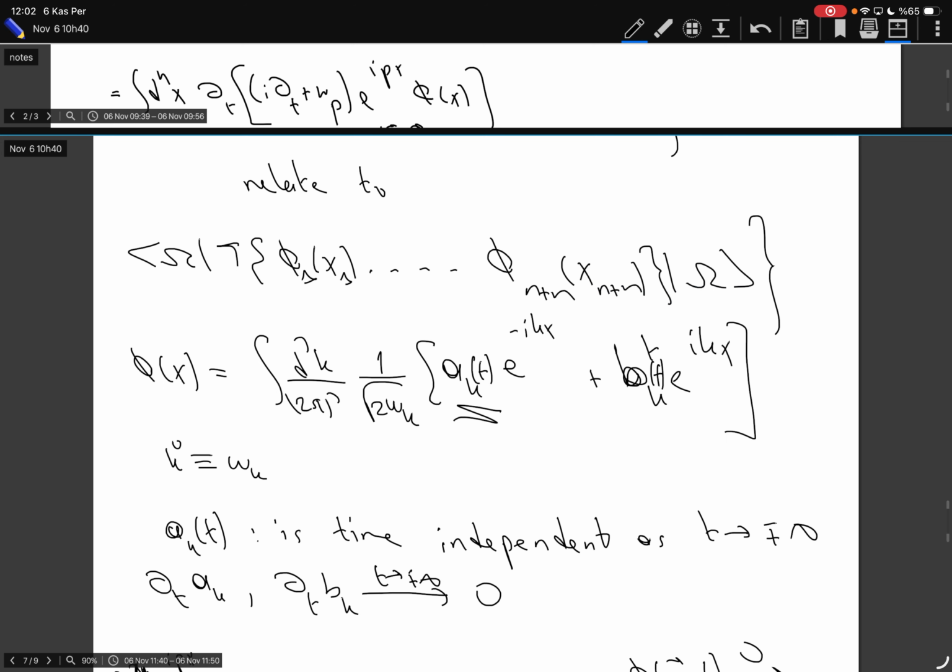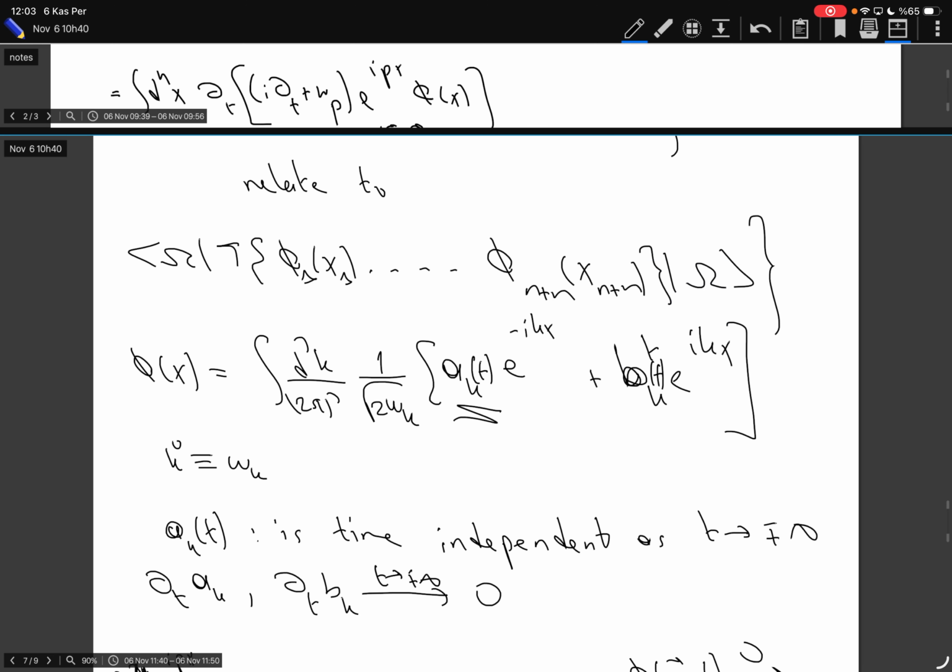I can pick up the annihilation operator by acting on this field with my Klein-Gordon operator and multiplying it with e to the power i p x and integrating over all x, Fourier transforming. Or I can pick up the other operator by multiplying it with e to the power minus i p x and doing all the tricks.